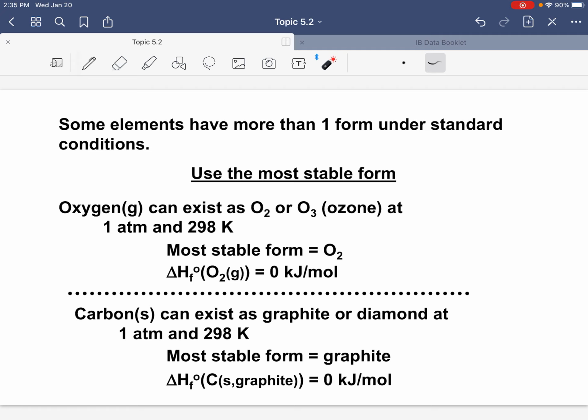Same with carbon. Carbon can exist as graphite or diamond. Again, something to keep in mind, that the formation of these elements is 0.